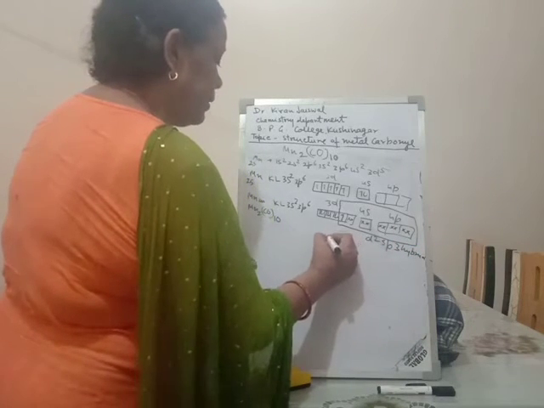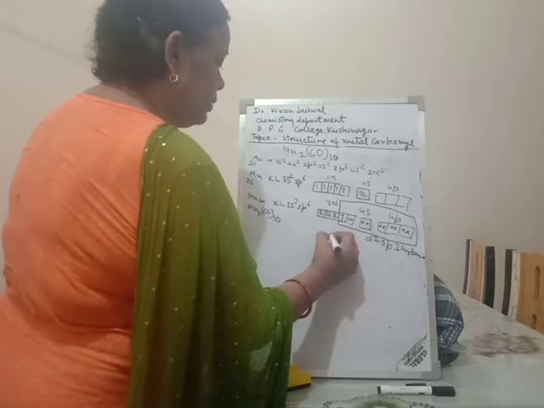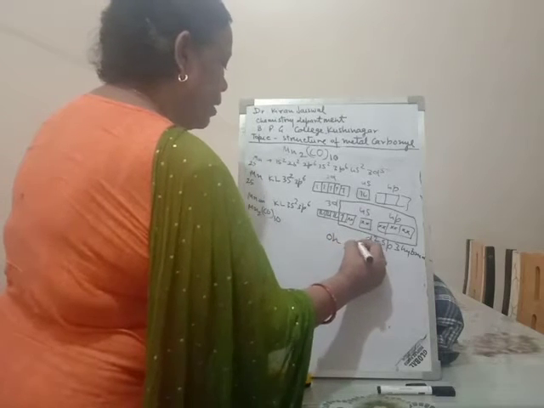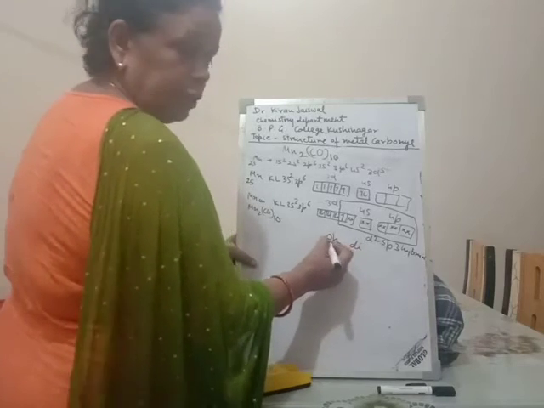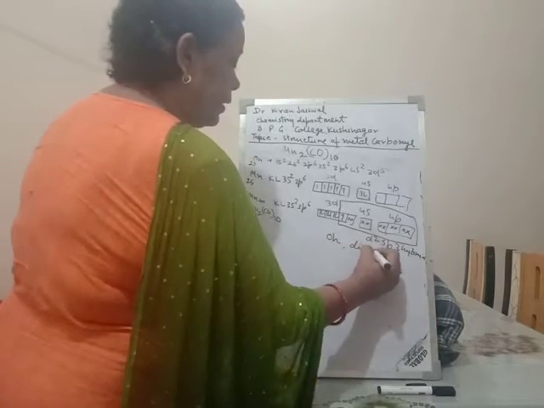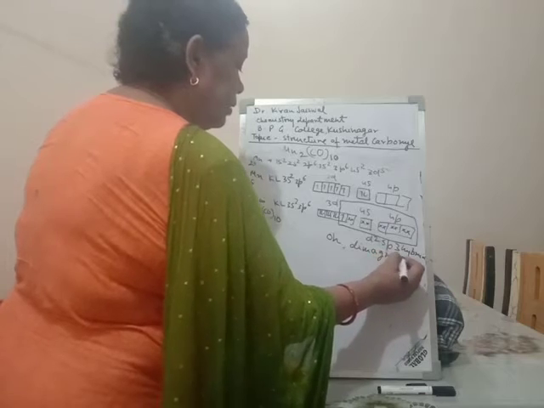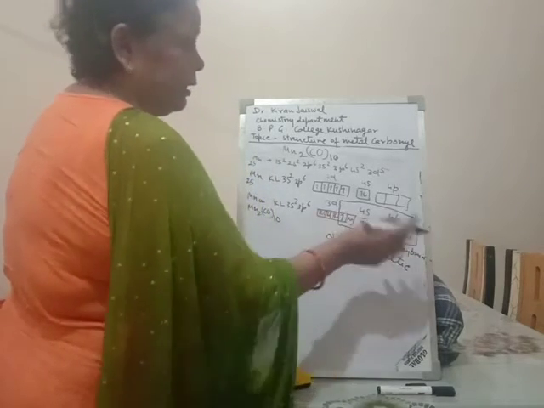The structure will be octahedral, and the molecule will be diamagnetic because all the electrons are paired.